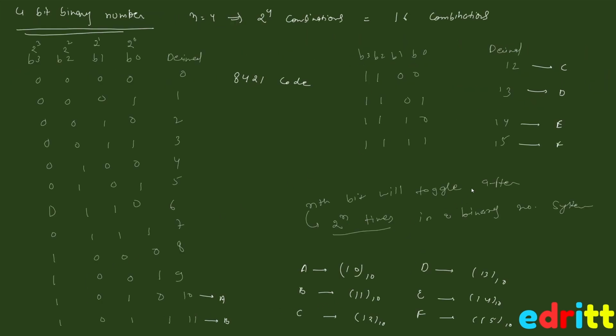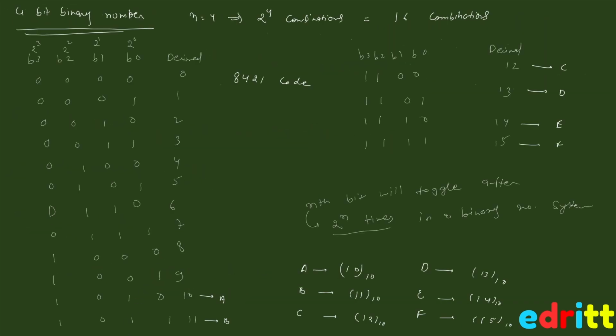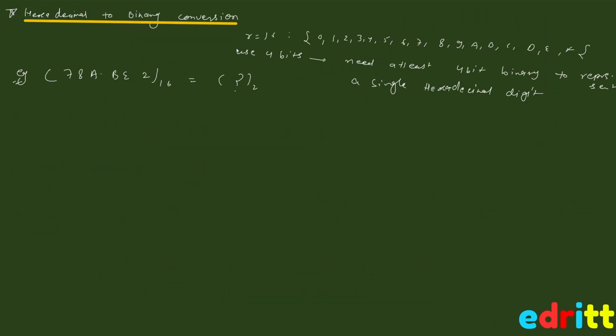In order to distinguish properly, I need at least 4 bits, right? Because this MSB can go high in the case of the hexadecimal number system. But was this the same for octal? No, right? Because in octal, the number goes only till 7 and all bits toggle up to this point only. So I only needed 3 bits in binary to represent an equivalent octal number. So that is also something which we can write as a note. Similarly, use 4 bits: we need at least a 4-bit binary to represent a single hexadecimal digit.